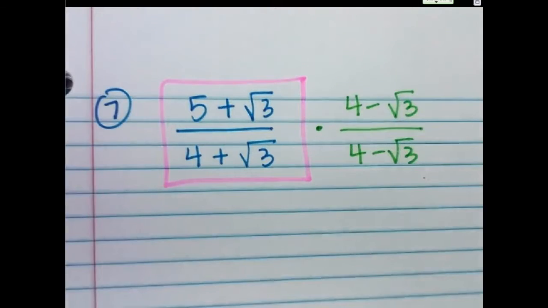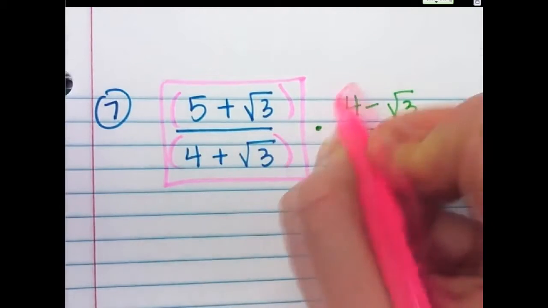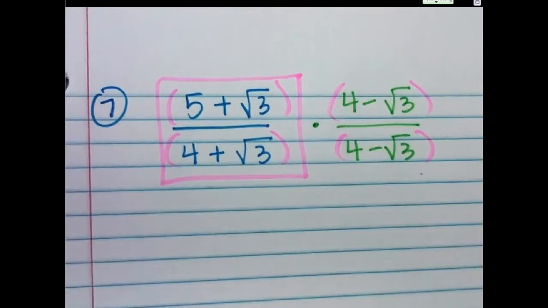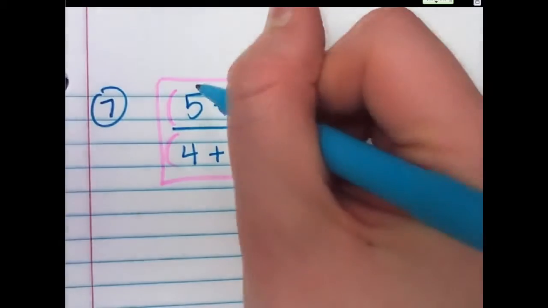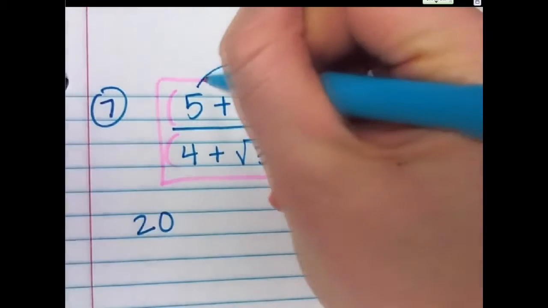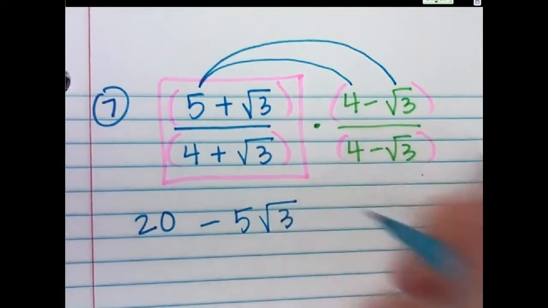Now there's no parentheses, so if you like the parentheses and you want to throw them in there to help you FOIL, that's fine. It doesn't matter. But you definitely have to FOIL the top. So just regular FOIL, 5 times 4, 20, minus 5 square root 3.